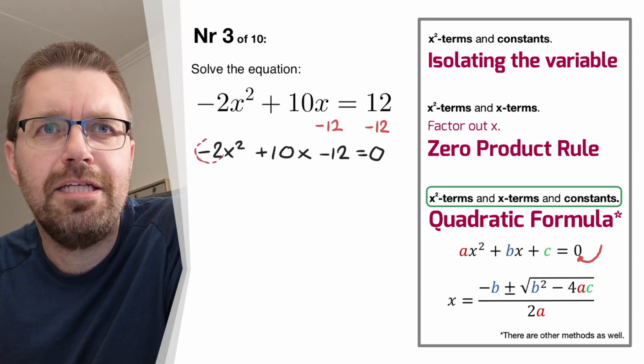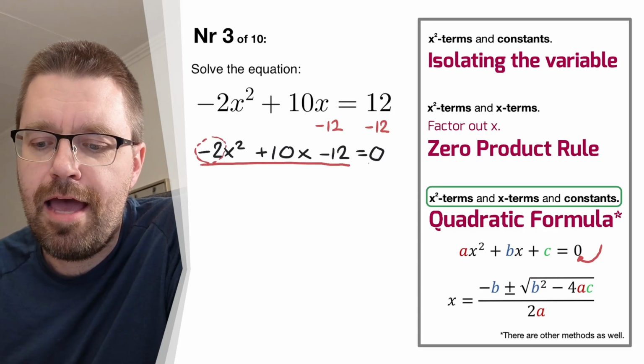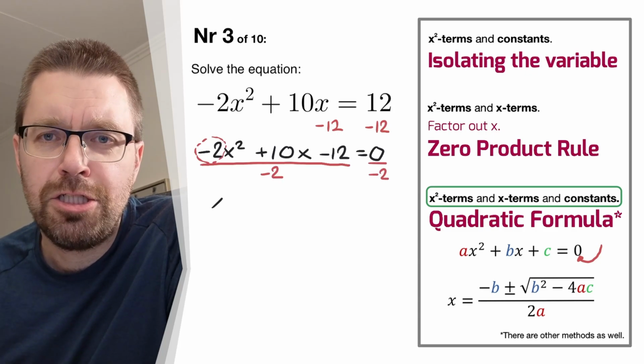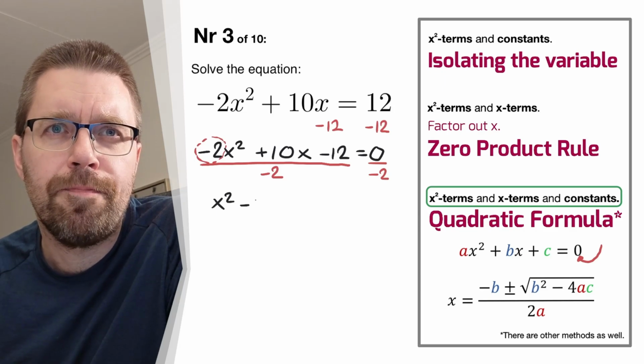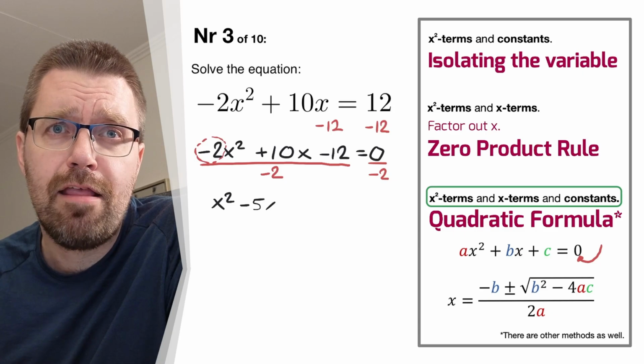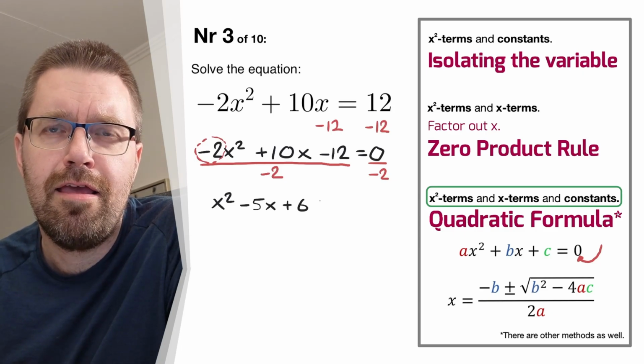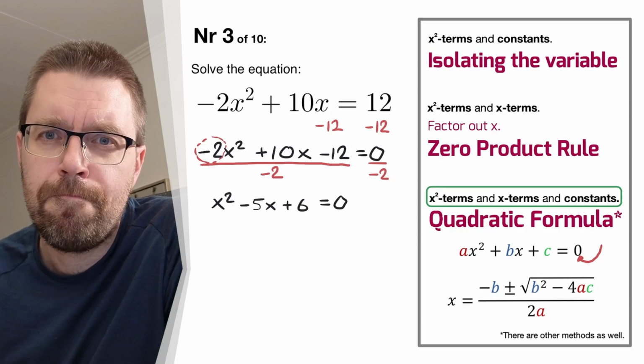So I divide everything by minus 2, and then I will get a much shorter and easier equation. I got x squared, I got minus 5x instead of plus 10x, and then I got plus 6 equals 0.